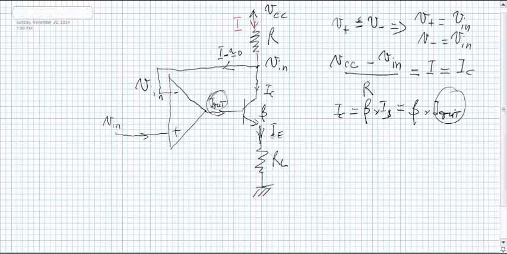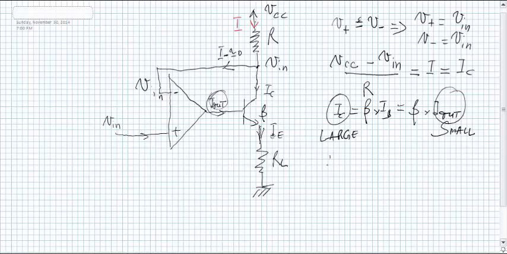So even with small values of currents coming out of the op-amp, we can get fairly large currents flowing from VCC through the transistor. So the transistor here simply takes the current out of the op-amp and amplifies it, and that's what we call the I in here. Now, IC and IB, which is I out, make up IE.